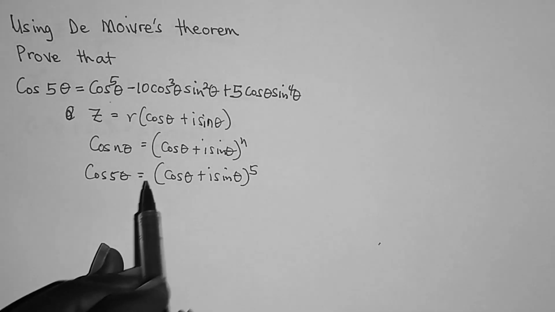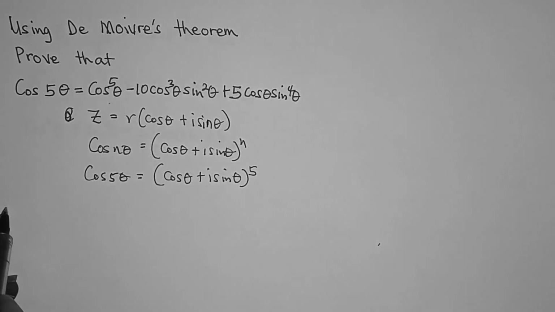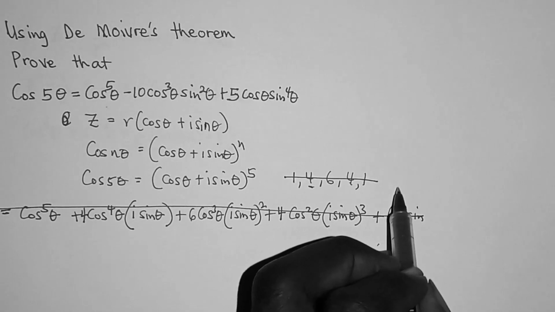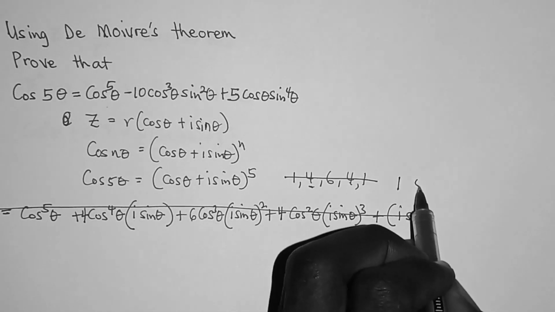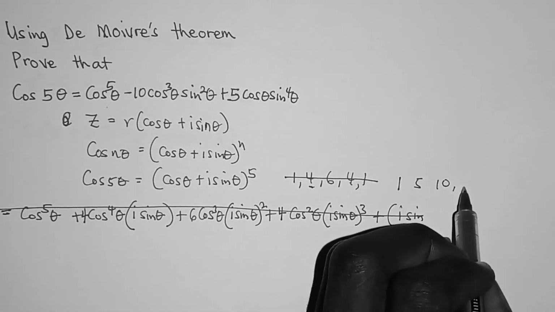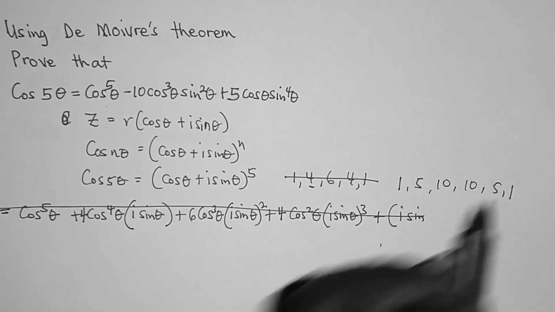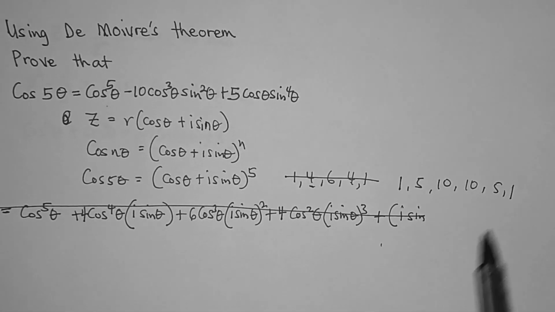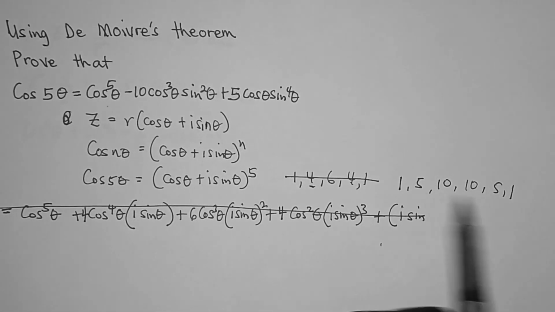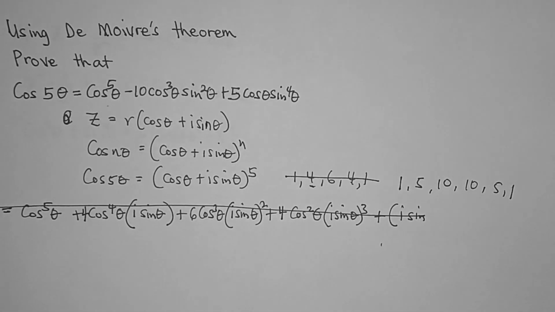So let's expand this. The coefficients are going to be 1, 5, 10, 10, 5, 1, because from Pascal's triangle, these are the coefficients we use for exponent 5.